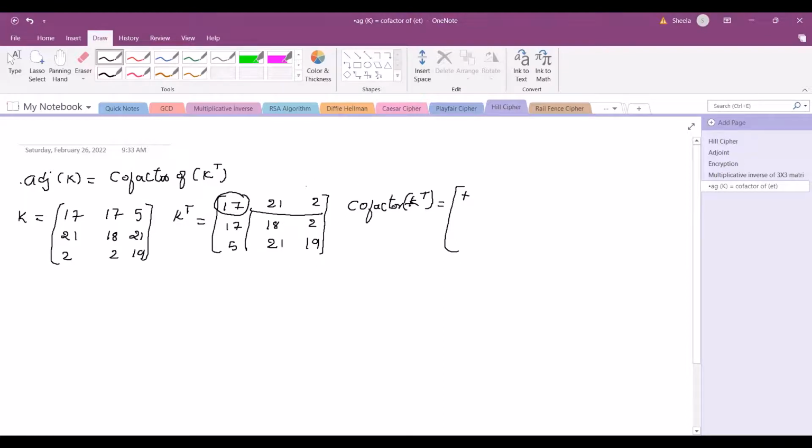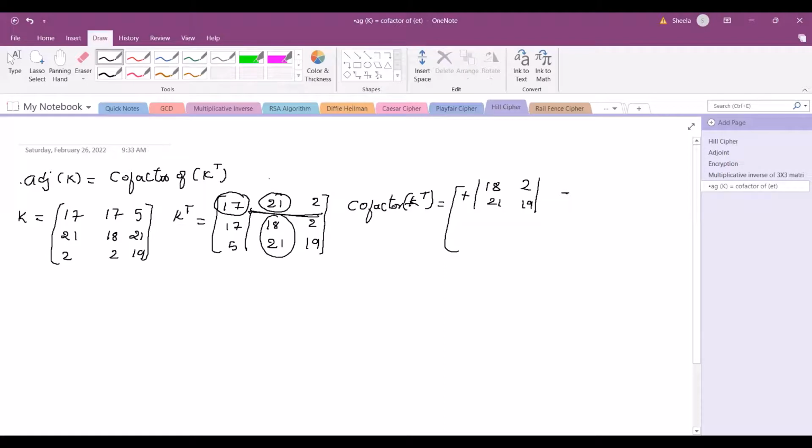So here the cofactor of the first element, that is 17, will be the determinant of the matrix 2, 18, 2, 21, and 19. Similarly, for the second element, the sign is minus 1 to the power of first row second column, that is minus 1 cube. So we get minus 1, and here the element is 21. I need to skip this row and the middle column.